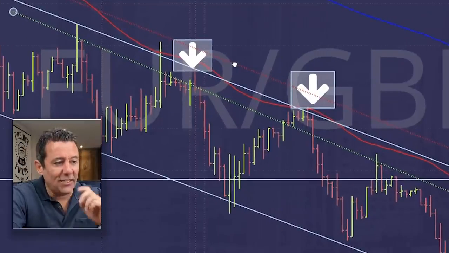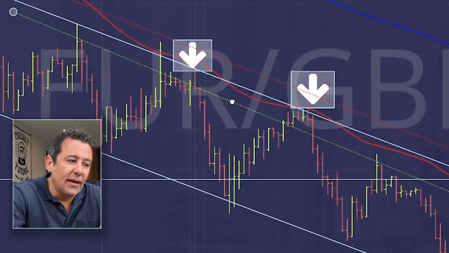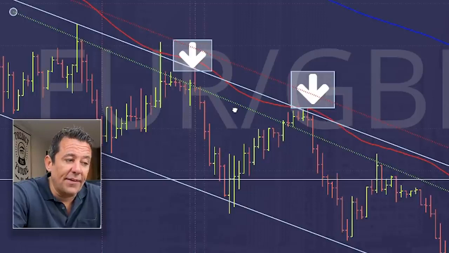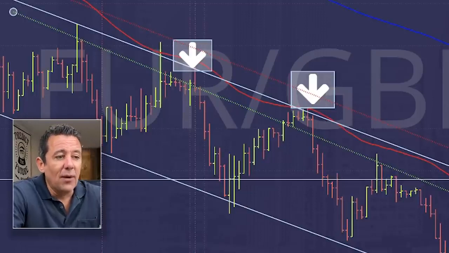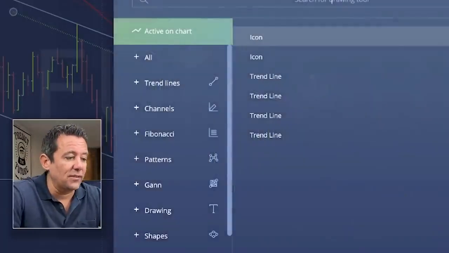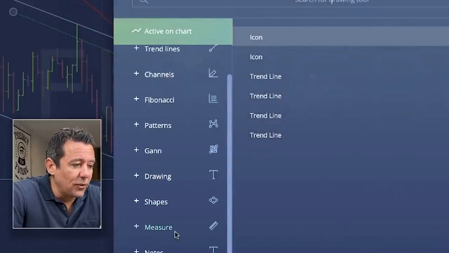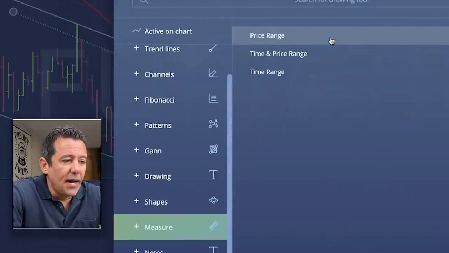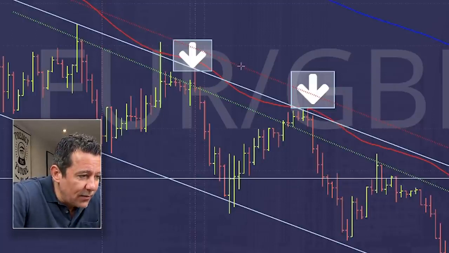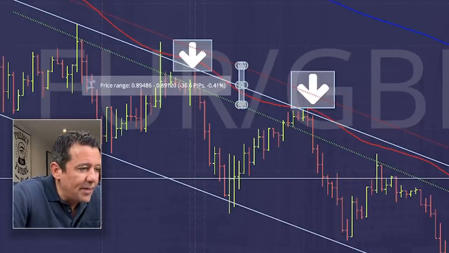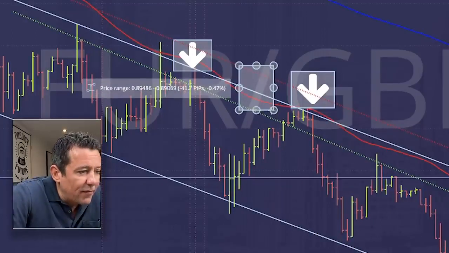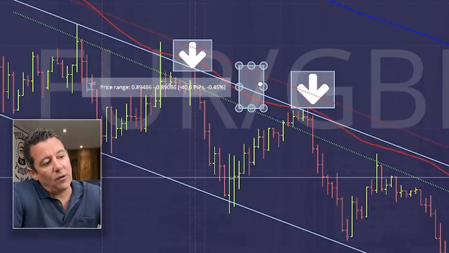So your risk is between this red dotted line and this green dotted line. If you want to measure what the difference between those two things are, we can hit our measuring tool. We can have our price range, and we can say, well, from this point to this point, how many pips? We're about 45 pips of risk.